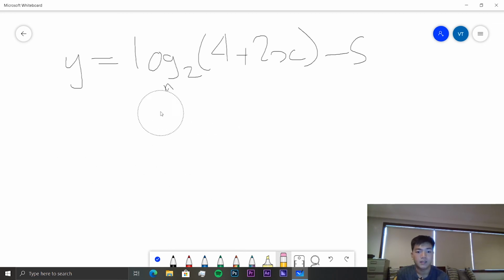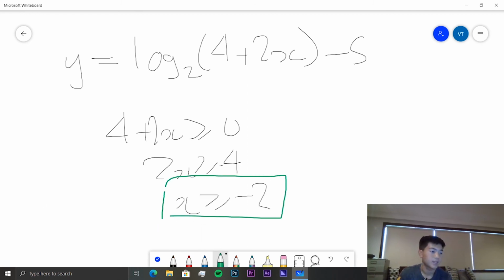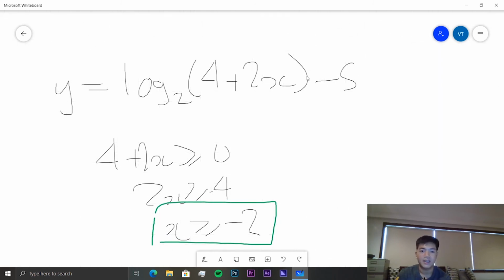So this means that for the domain, 4 + 2x is greater than 0. So 2x is greater than -4. So x is greater than -2. That's the domain. Any asymptotes? An asymptote will be at -5.